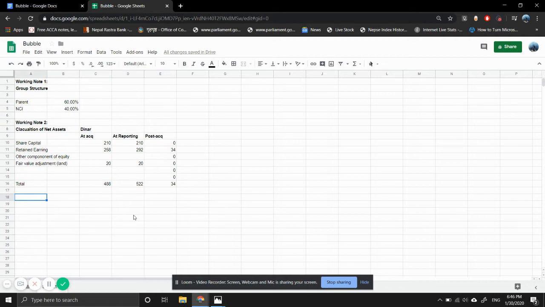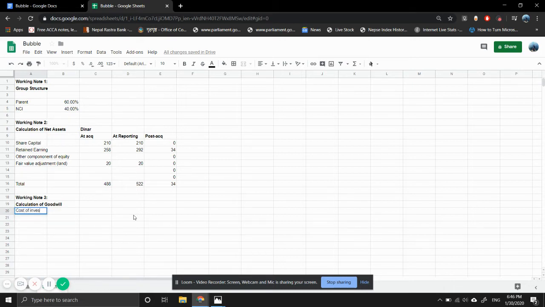Hold it. Working note 3. Calculation of goodwill. Calculate LA. Calculation of goodwill.